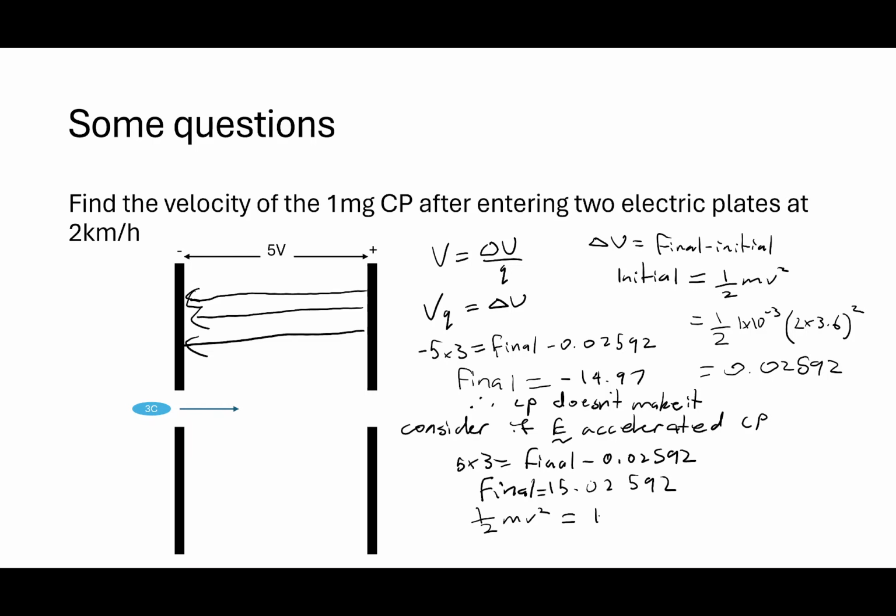So to find v, we have v equals the square root of 2 times 15.02592 over 1 times 10 to the negative 3, and that is equal to 173.35 meters per second.